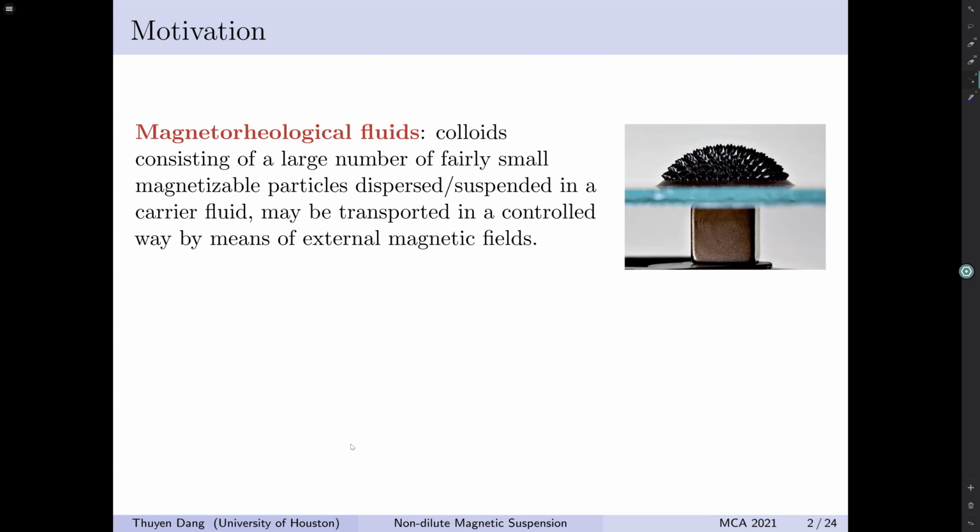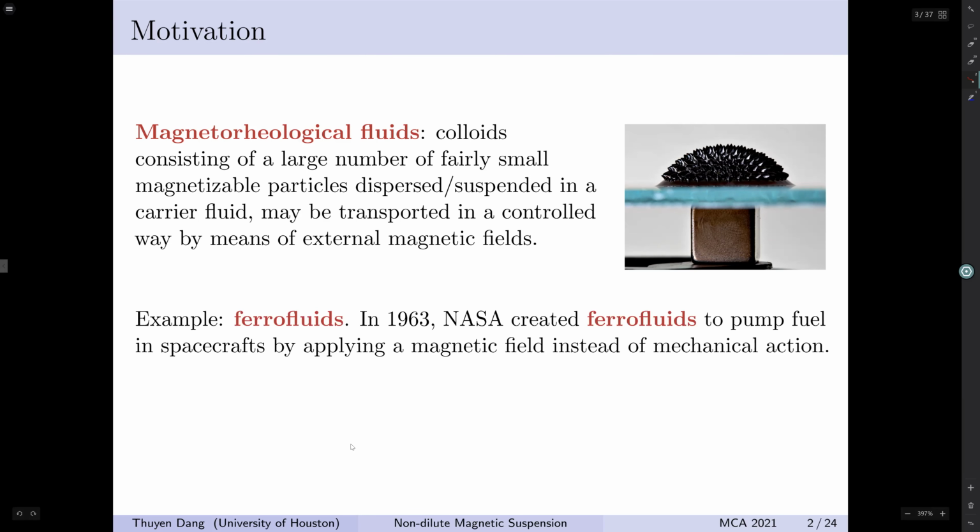As you can see in the picture, if you put a magnet underneath the glass, then the ferrofluid on the top will form a regular pattern of peaks and valleys. Ferrofluid was invented by NASA in 1963 in order to create a liquid rocket fuel that could be drawn toward a fuel pump in the weightless environment by applying a magnetic field.